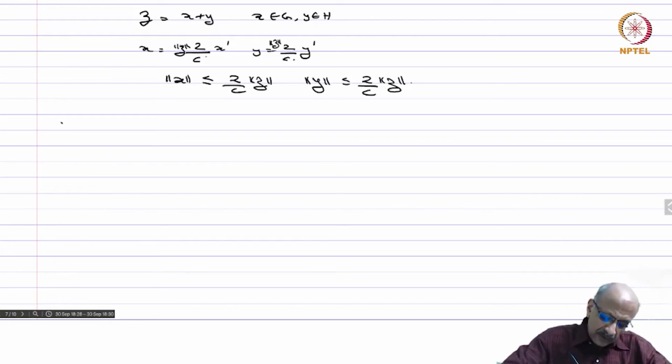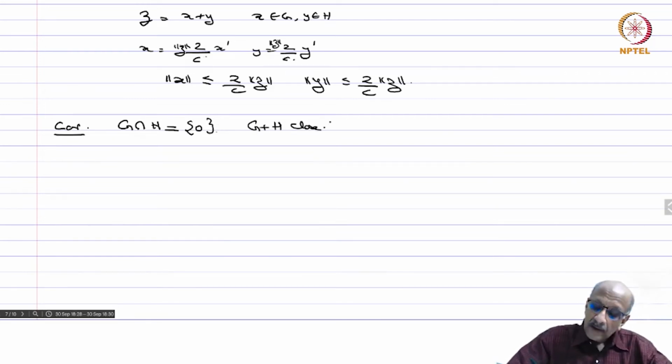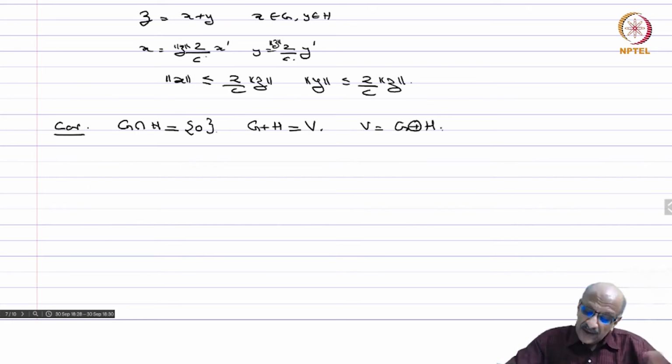So now, a corollary to this: let us say G intersection H is the singleton 0 and G plus H is closed. In particular, let us say G plus H is equal to V. Then you have V equals G direct sum H. But in this case, the decomposition is unique. There are no several decompositions possible.